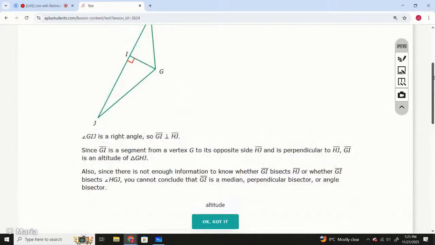So there is not enough information to know whether GI bisects HA or GI bisects angle GHA. So you cannot conclude that GI is a median. Then it is the altitude. So GI is the altitude.